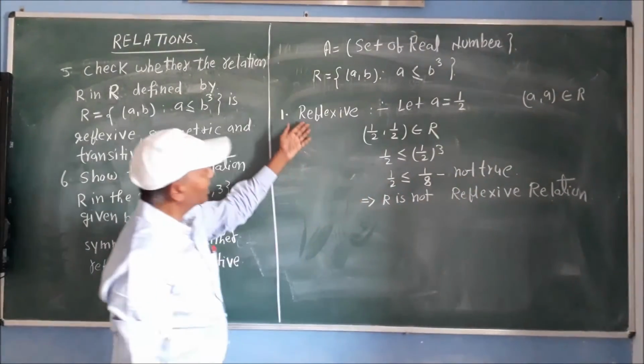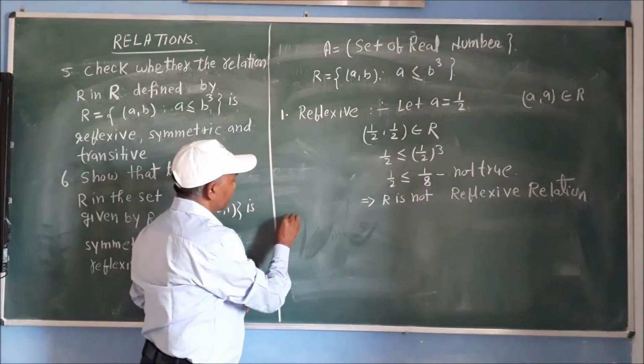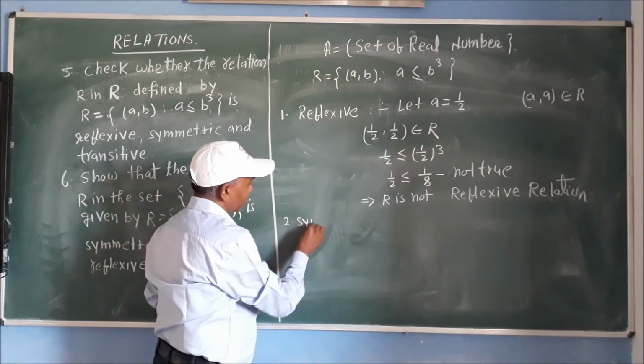So after reflexive, we have to check the symmetric. Second is symmetric.